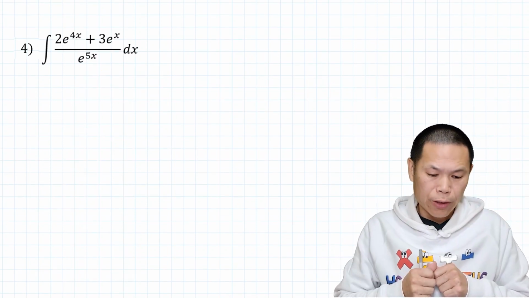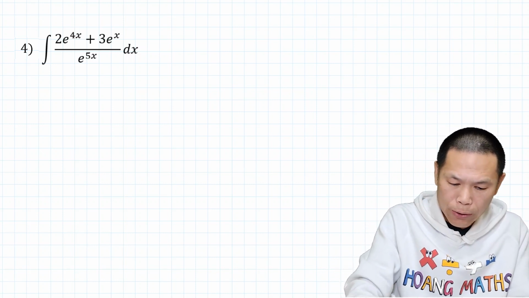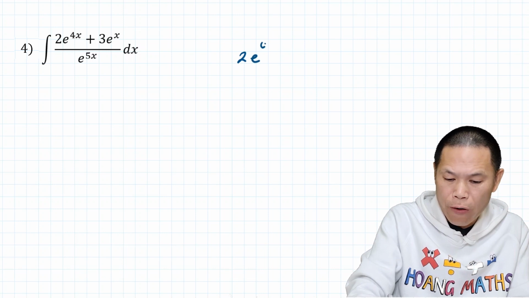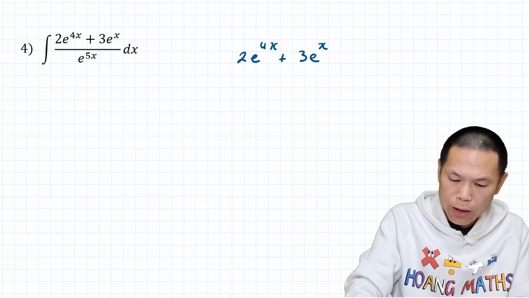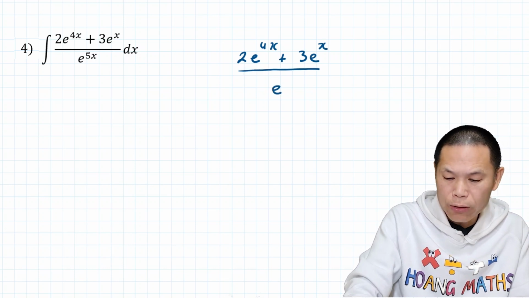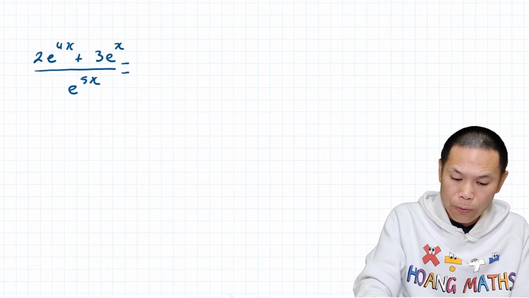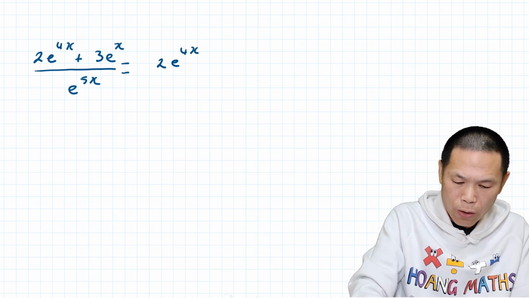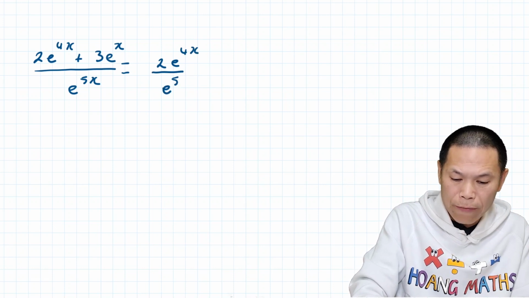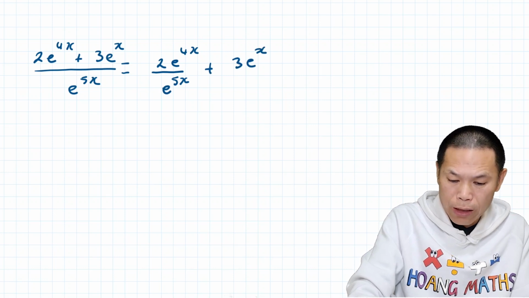Last one. So again, we just need to split this into two fractions. So 2e to the 4x add 3e to the x over e to the 5x. So this is exactly the same as 2e to the 4x over e to the 5x, we add 3e to the x over e to the 5x.